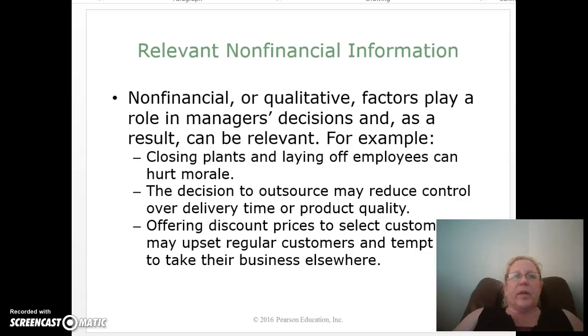Relevant qualitative information has the same characteristics as relevant financial information. The qualitative effect occurs in the future and differs between alternatives. In the parking meter example, the amount of future sunshine required differed between alternatives. The mechanical meters didn't require any sunshine, but the solar power meters needed a lot of sunshine.